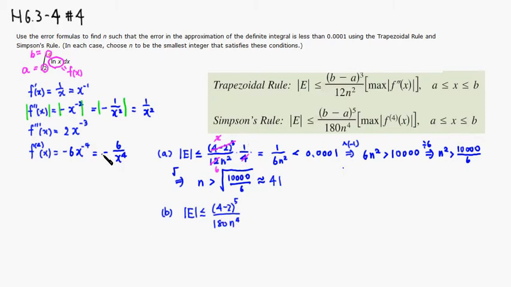If you take the absolute value, we ignore the negative sign, so that's 6 over x to the 4th power. Again, to make this as big as possible, we plug in the smallest x value, which is 2. So you have 6 over 2 to the 4th power.